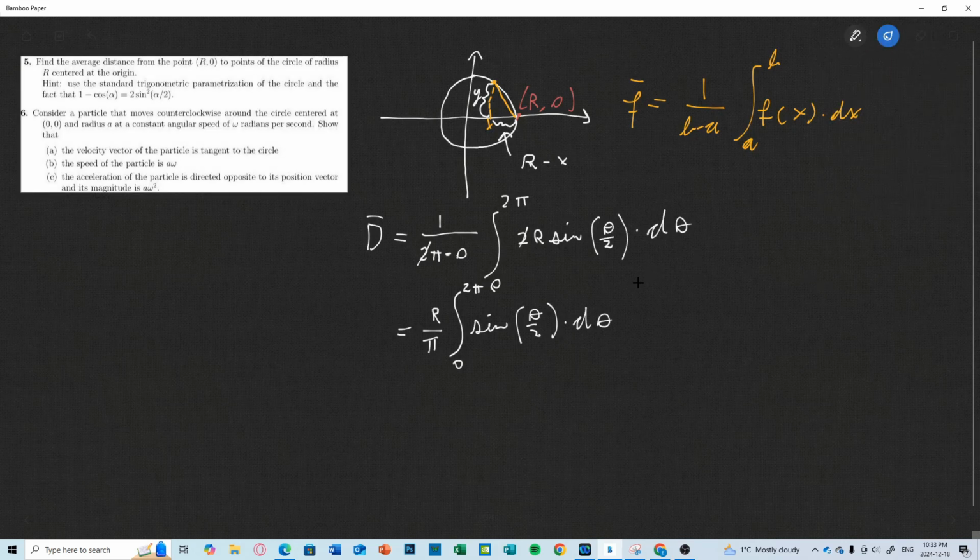So we set u equal to theta divided by 2, which would make our du equal to 1/2 d theta, which means 2 du is equal to d theta.